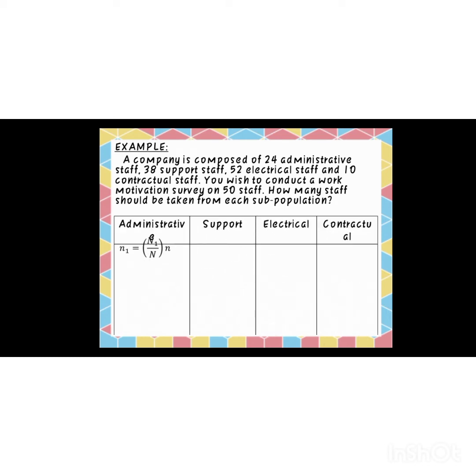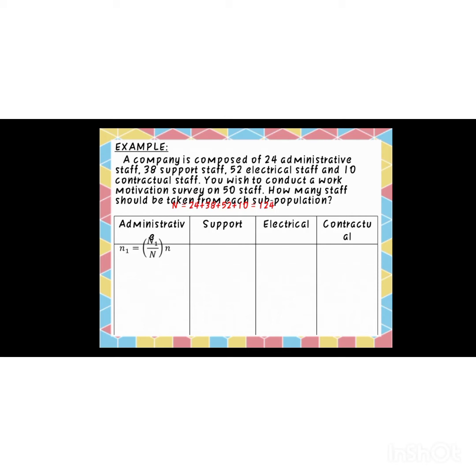Ang una pong gagawin, ipag-a-add nyo po yung mga subpopulation na meron po tayo. So, we're going to add 24 for the administrative, plus the support staff, 38, for the electrical staff, 52, and for the contractual, 10. So, the total is 124.